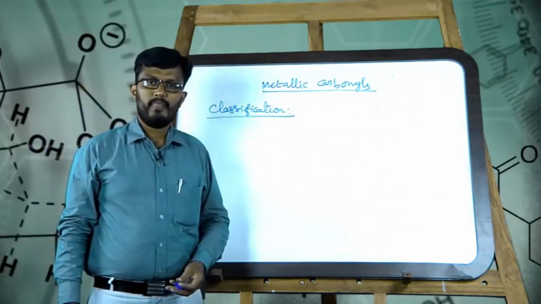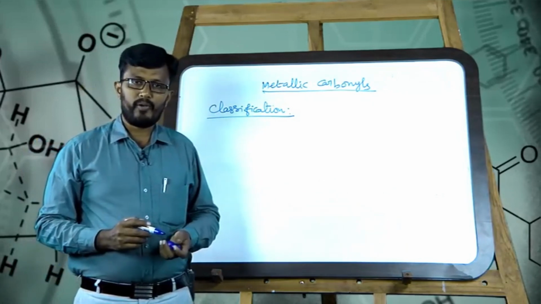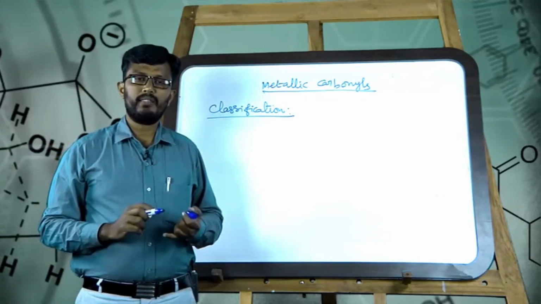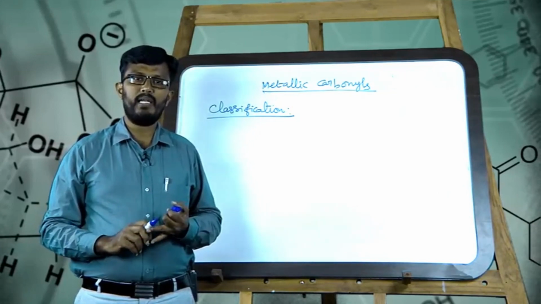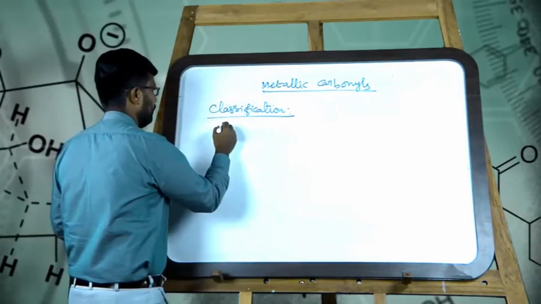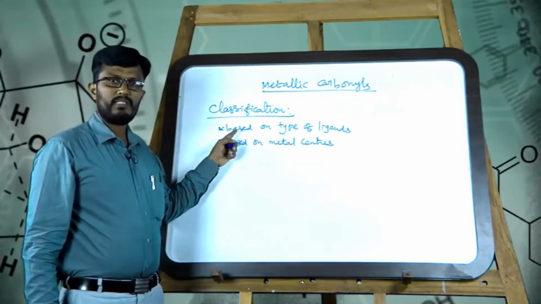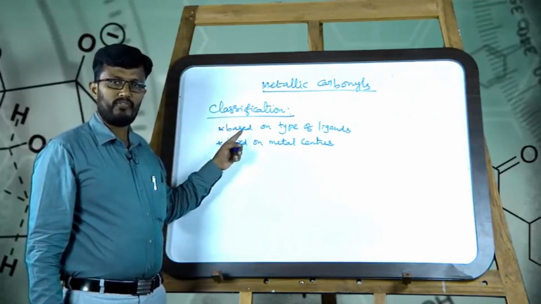Now we want to know the classification of metal carbonyls. Metal carbonyls are classified based on the type of ligands and based on metal centers. Based on the type of ligands, they are classified into two different parts.